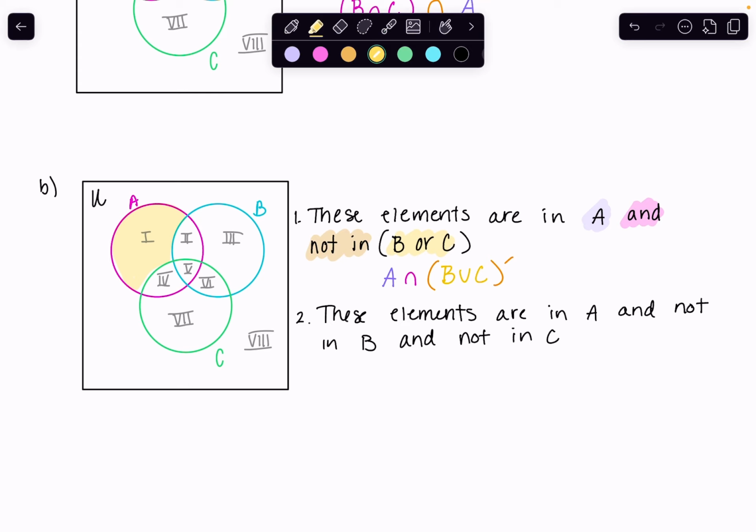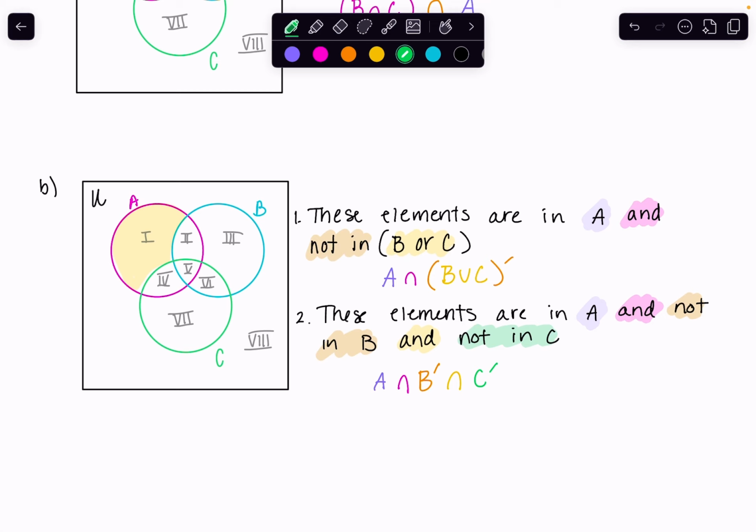Again, the second way I could write this is they're in A, and they're not in B. So that means B complement. And that would indicate another intersection, not in C. So that gives me C complement.